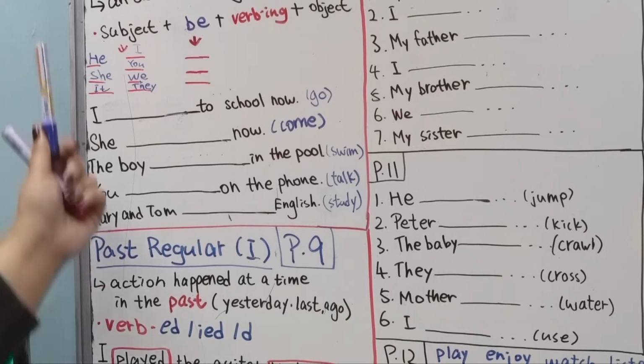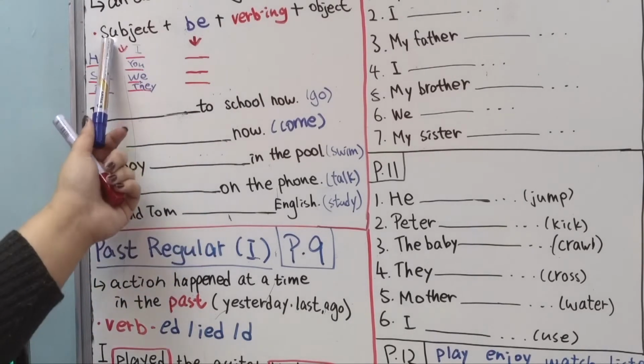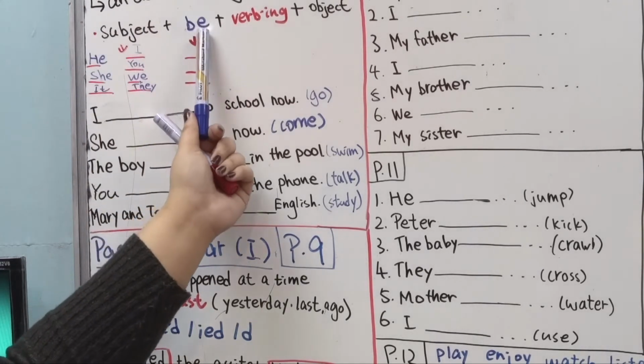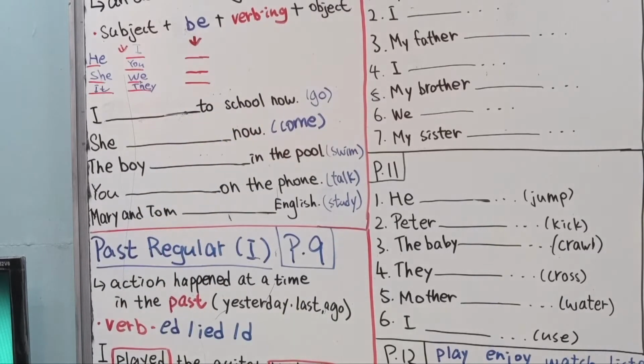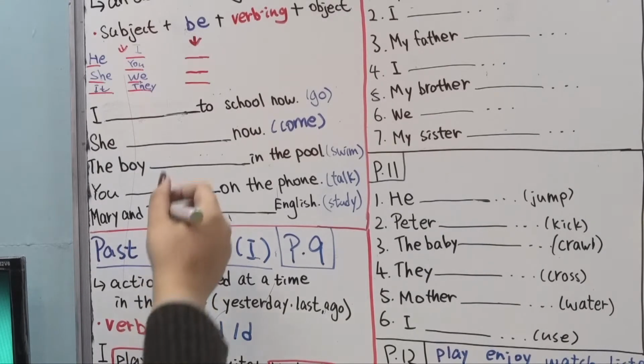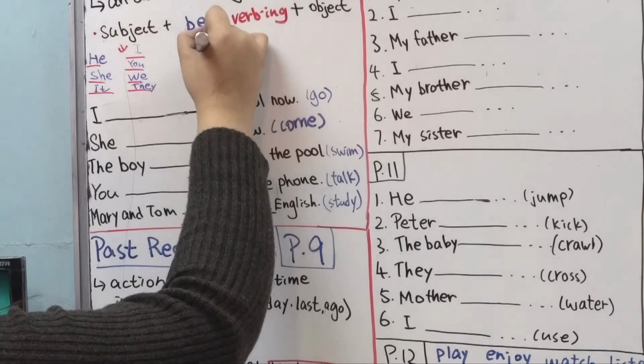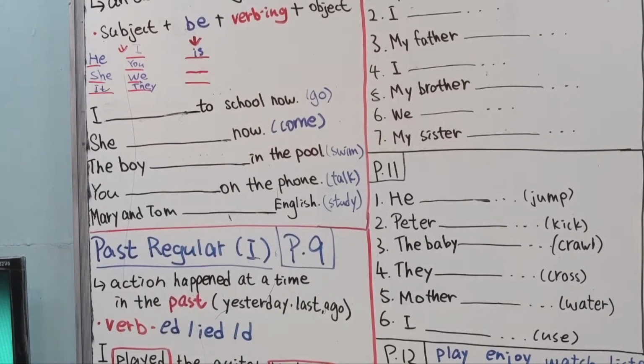So Andy was the subject, right? Andy is washing the car, right? So you know one meaning of be is is. For which subject pronoun do we use is?